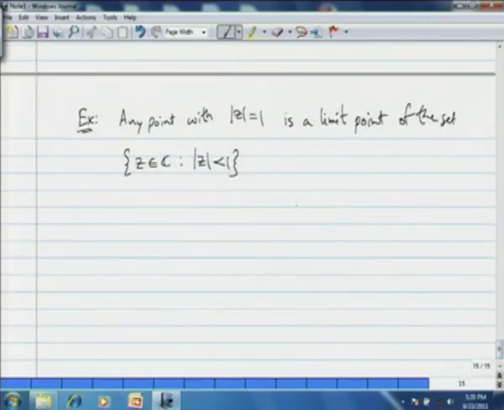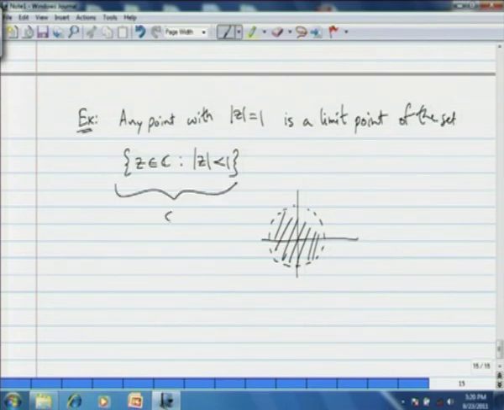Here I have picked the standard ball of radius 1 around the origin. That is your set S.